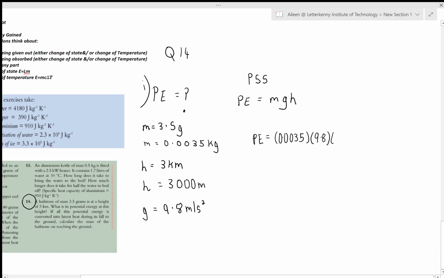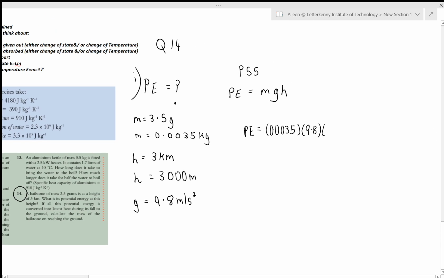In our calculator, 0.0035 times 9.8 times 3,000 gives us the potential energy. So our hailstone has a potential energy of 102.9 joules.